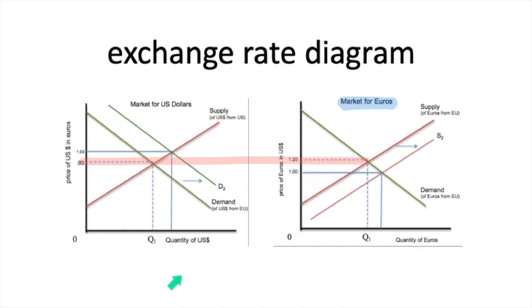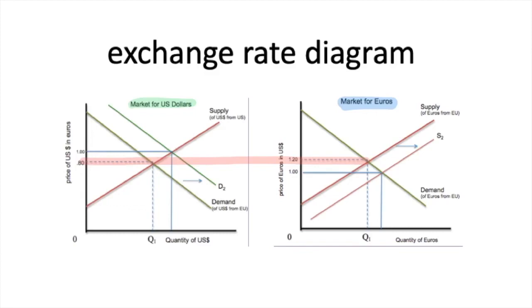But if we looked at the same transaction from the perspective of US dollars, guess what, my friends? The euro was traded in and more dollars were demanded, and therefore the price went up. So actually, if you look at this a little bit closer, it's saying the same thing in an inverted way.